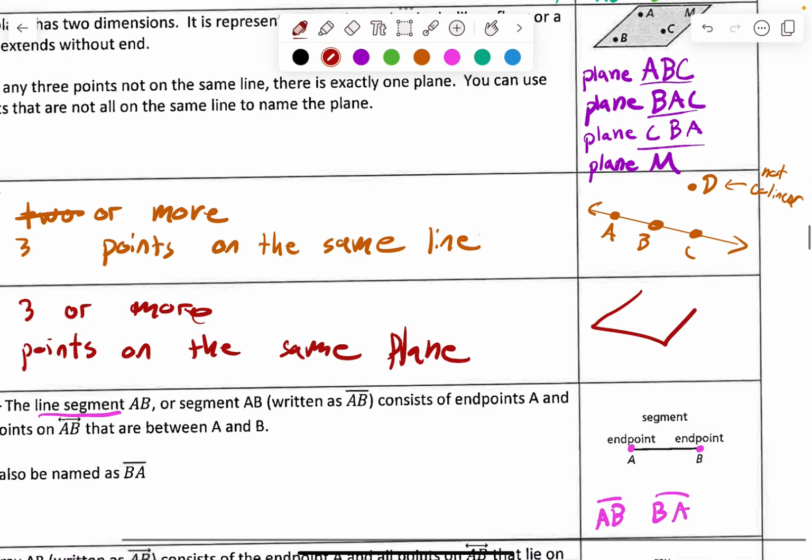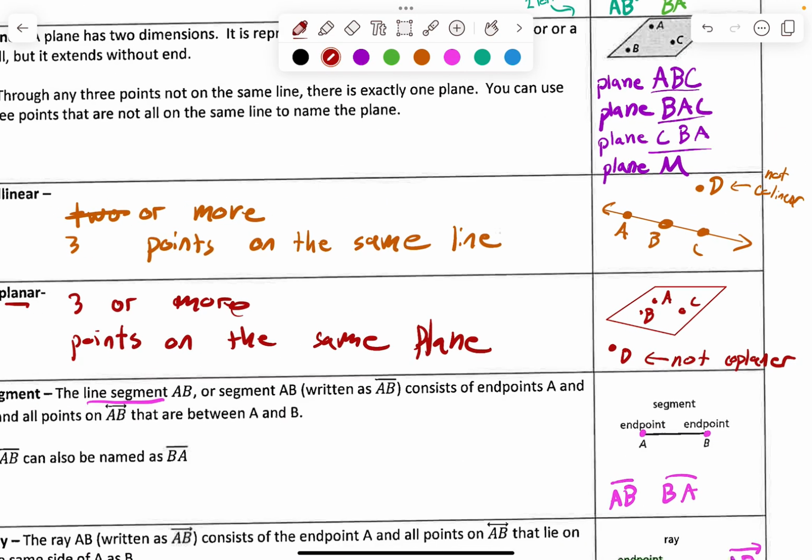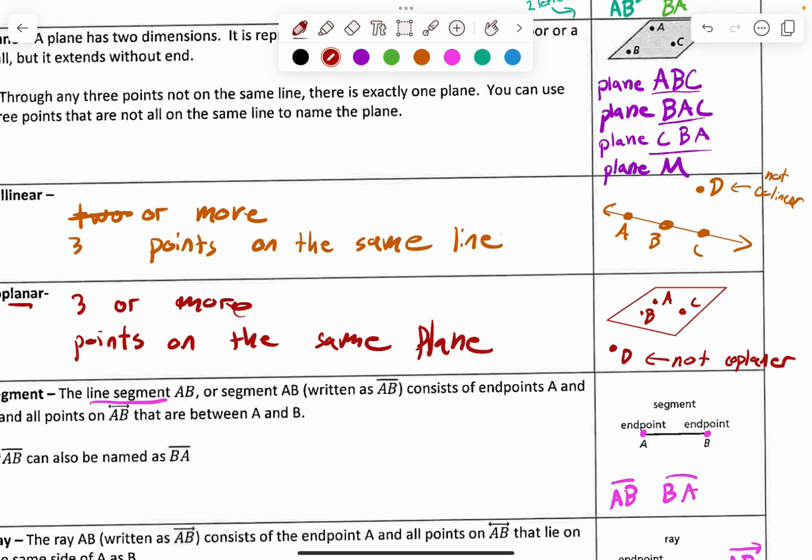So here we're going to draw a piece of paper representing the plane. We have A, B, C again that are not on the same line. That's coplanar. Here is a point D that is not coplanar. It's not on the piece of paper.